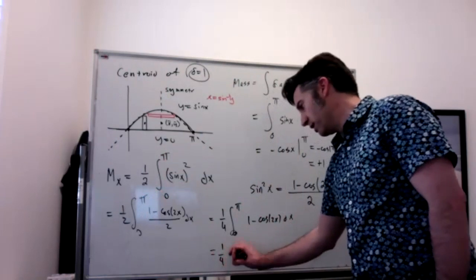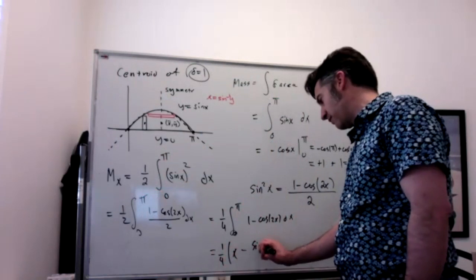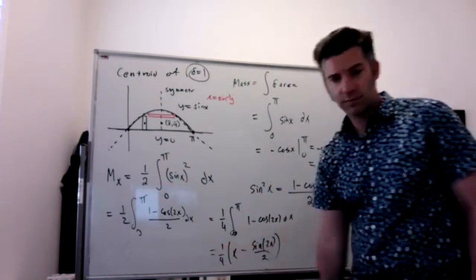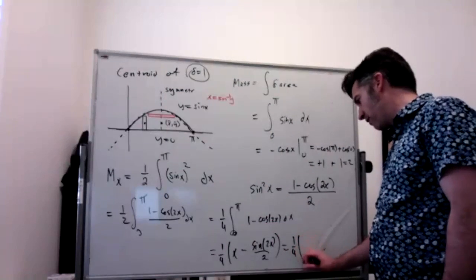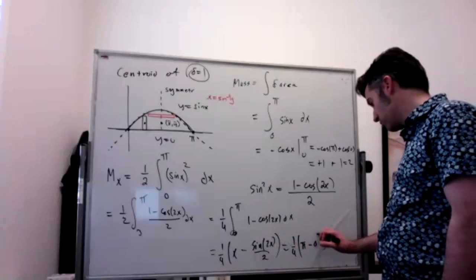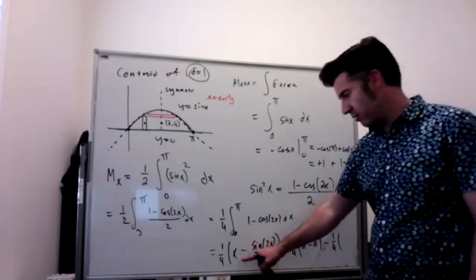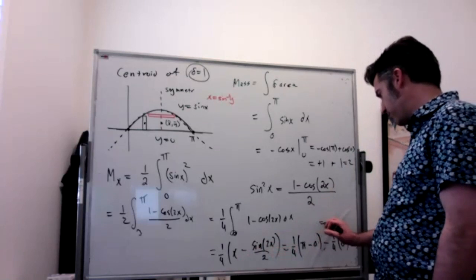The integral of 1 is x. The integral of cosine of 2x is sine of 2x divided by 2. Plugging in pi, I get 1/4 of pi minus sine of 2 pi, which is 0. Plugging in 0, I get 1/4 times 0 minus sine of 0, which is also 0. So I get 1/4 pi.